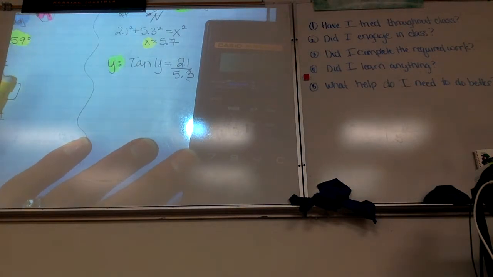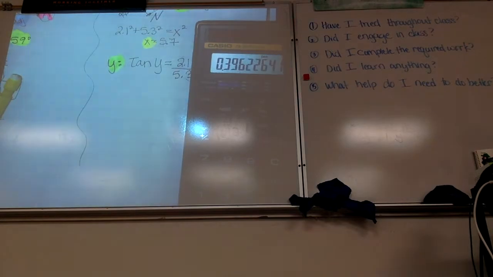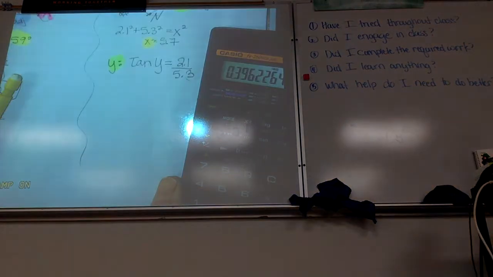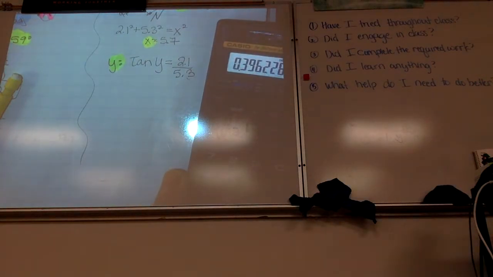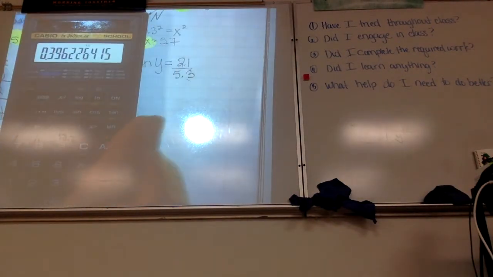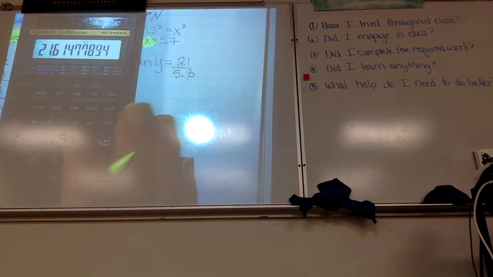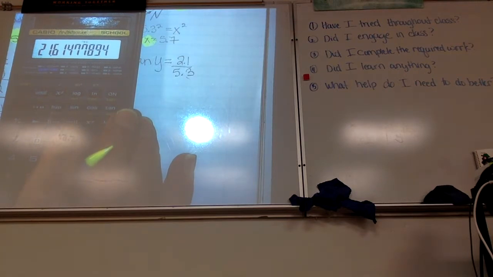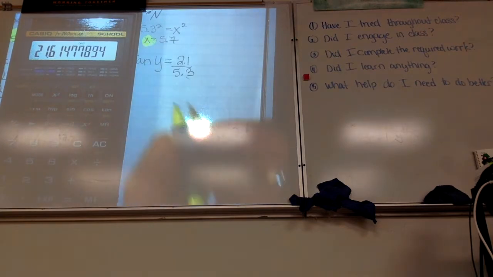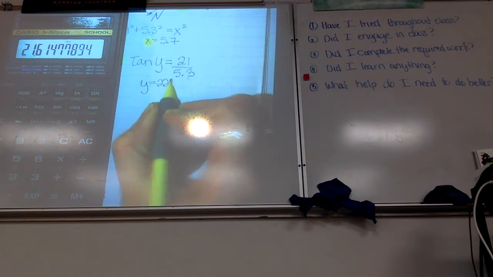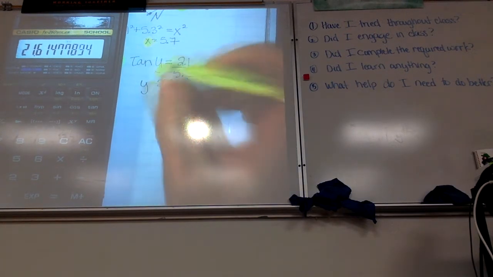So 2.1 divided by 5.3. And then if you hit shift or second tan, 21.6. So round it to the nearest degree, so you don't have to deal with decimals. So 22 is our value for angle y. I guess we rounded on that one too, didn't we?